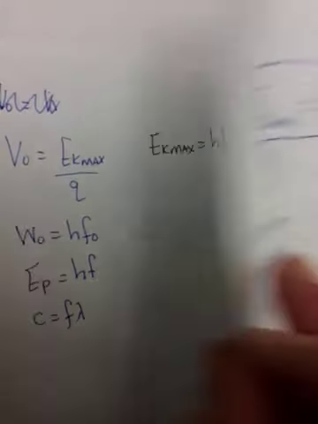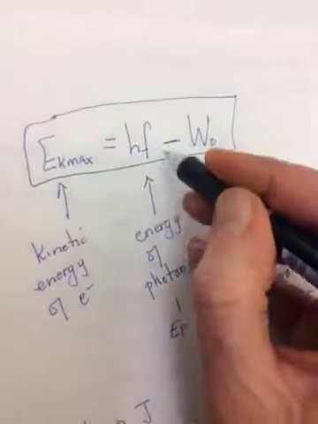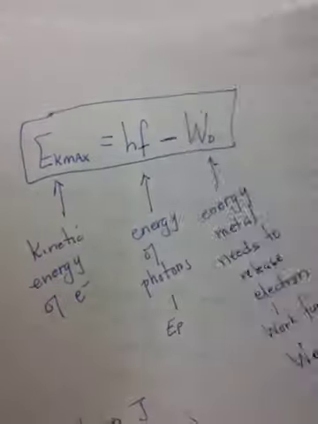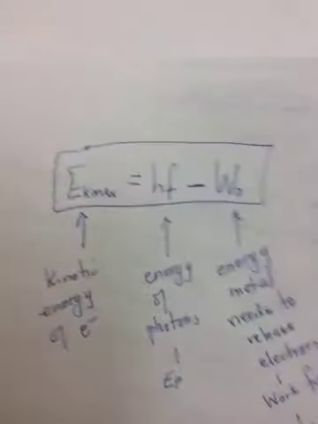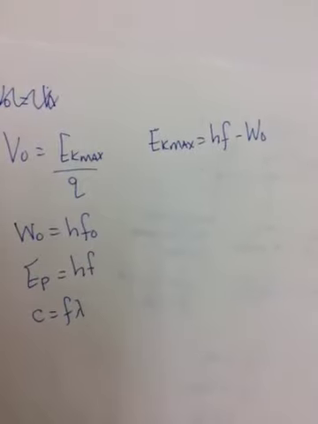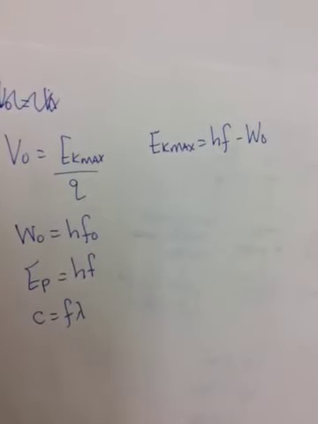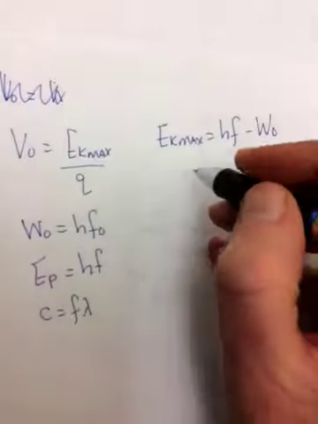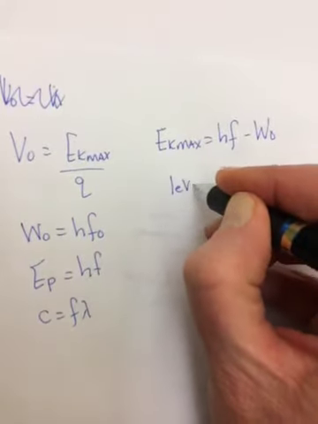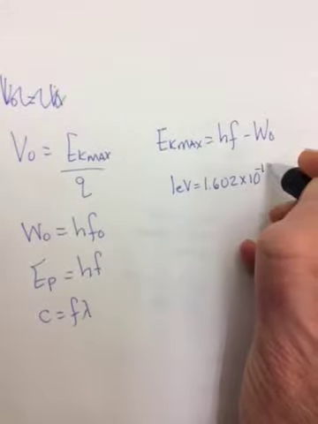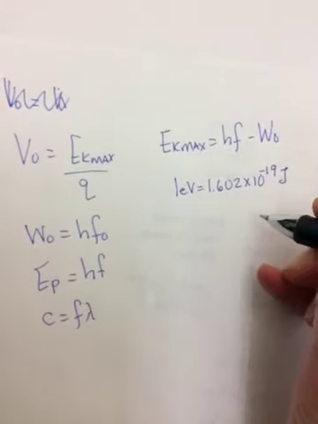And a little while ago I had said they don't write this as EP, they write it as HF, and they do because the slope of the line is the H, right? And so they leave it as HF so you can see that. What other ones do we have? I'm looking through to see if I missed any. And then, of course, what I just said, 1 electron volt, it's not an equation, but it's the conversion factor, 1.602 times 10 to the negative 19 joules.